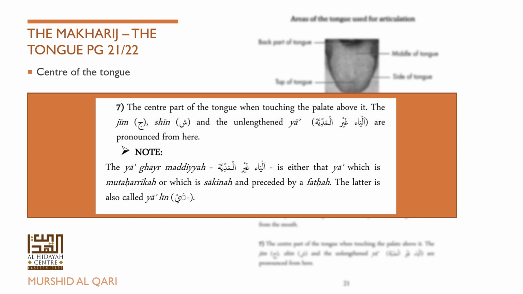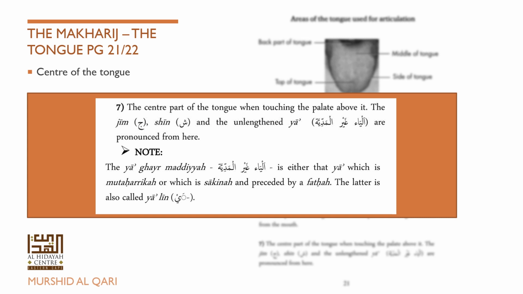So when pronouncing the jim, the sheen, the ya ghayr maddiyah, the ya leen, the center part of the tongue will touch the palate above it. So it should be a very slight or light touching of the tongue to the palate when pronouncing these letters.